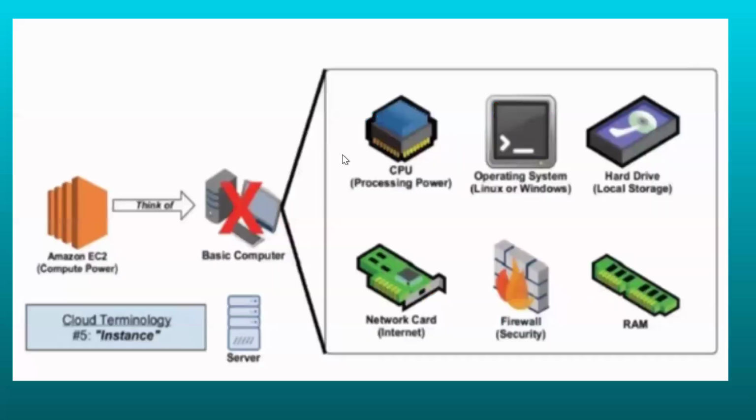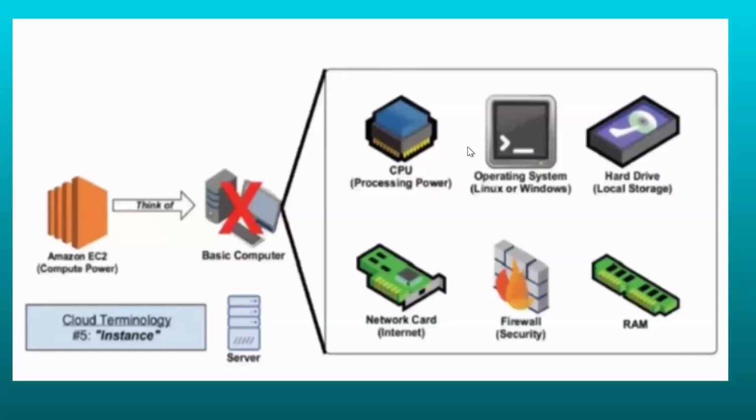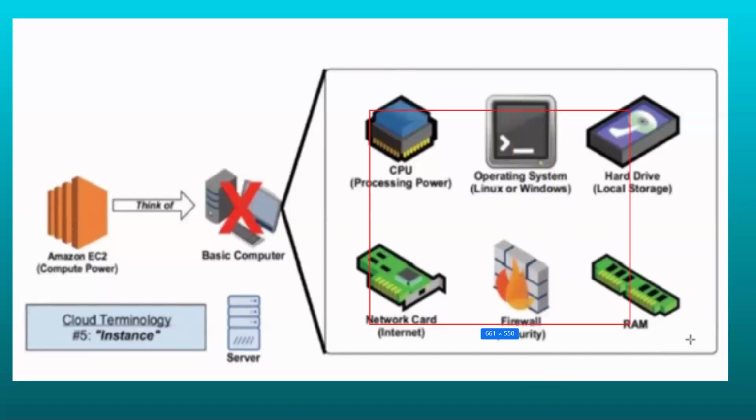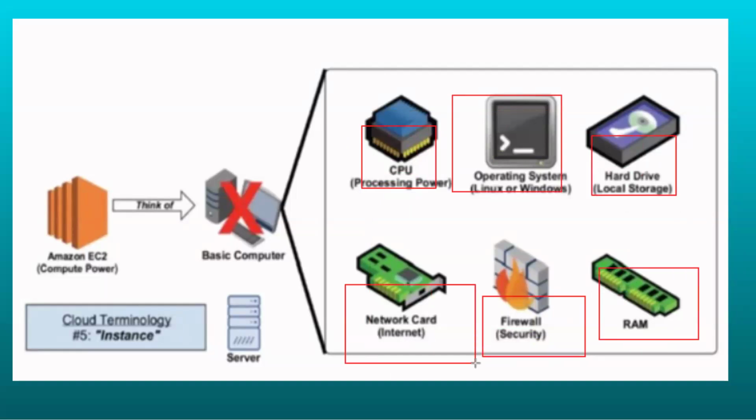Let us continue. With the help of Elastic Compute Cloud, we can get servers. A server is just like a laptop, with the same components as your laptop, like CPU, operating system, hardware, RAM, firewall, and security group.